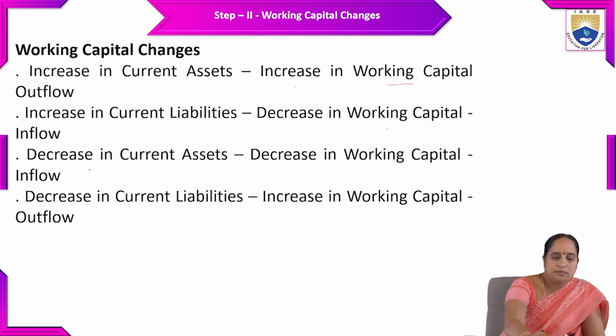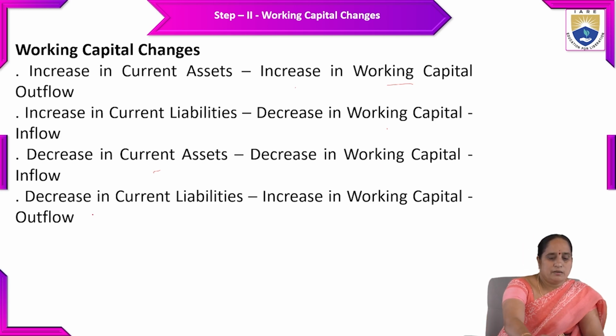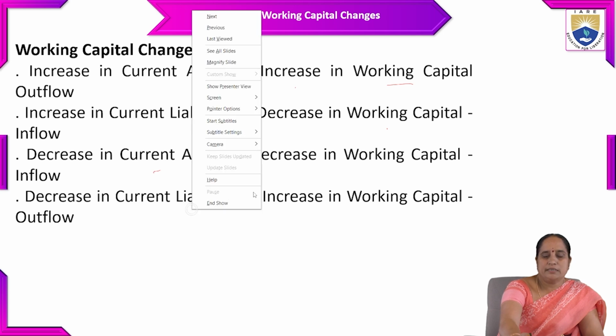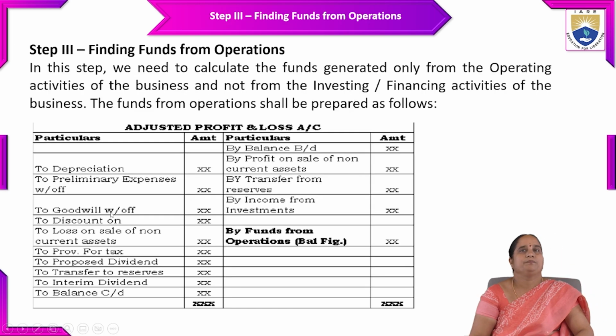If we find a decrease in current assets, it leads to a decrease in working capital, which means a decrease in terms of sources. Then, the next one, a decrease in current liabilities, indicates that there is an increase in working capital, which denotes the outflow.